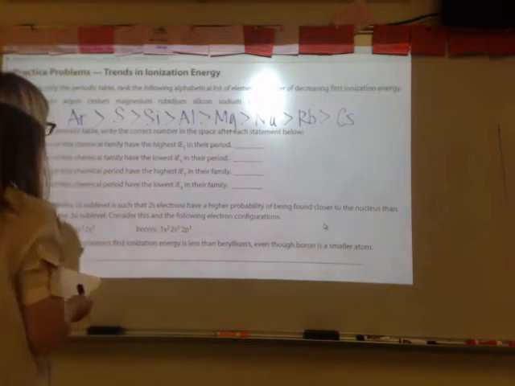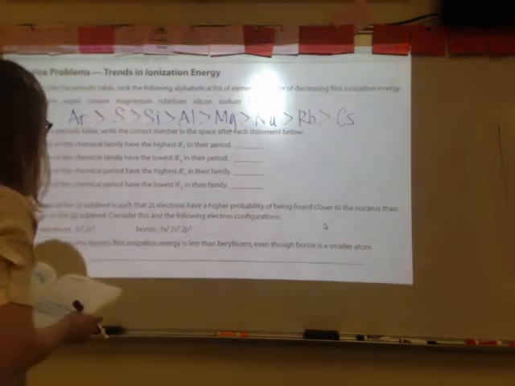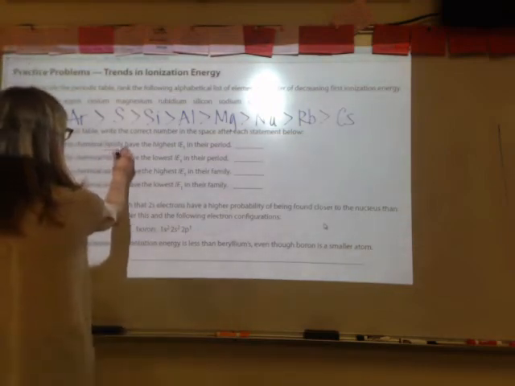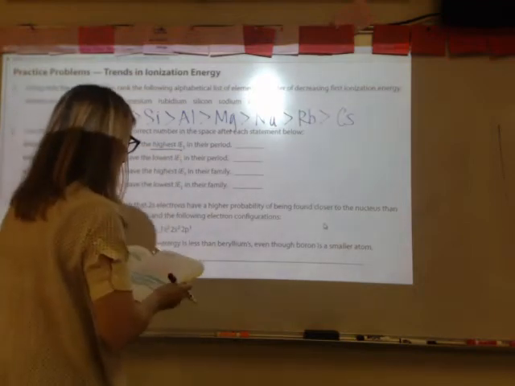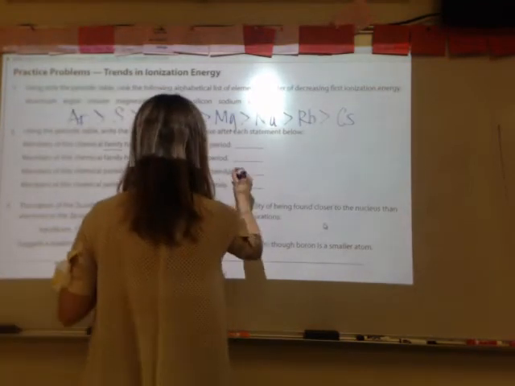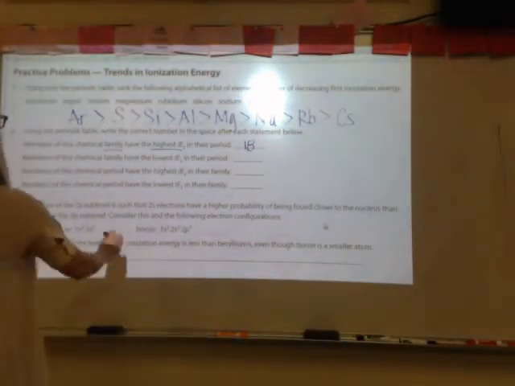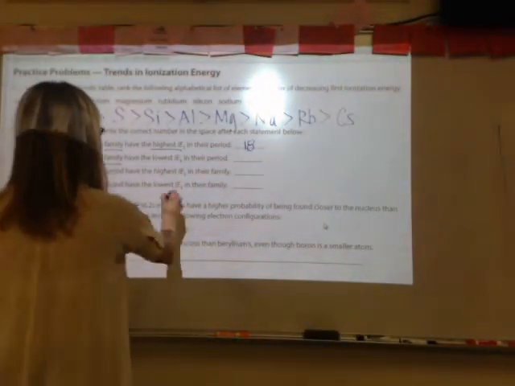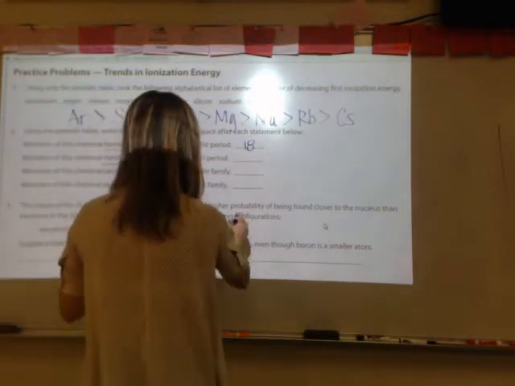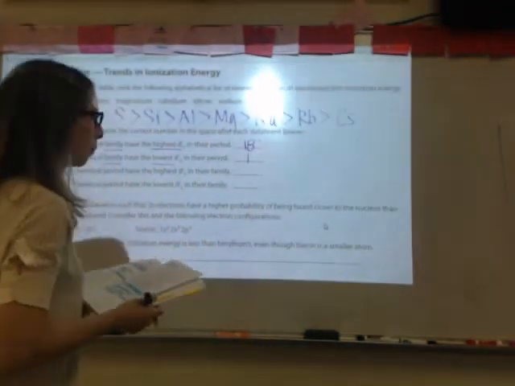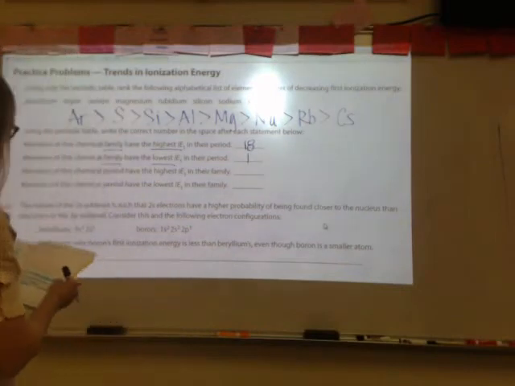If you take a look at number 2, members of this chemical family have the highest first ionization energy in their period. Well, those would be the smallest atoms, which would be those from group 18. Members of this chemical family have the lowest first ionization energy in their period. That would be group 1, because those are the largest atoms in the period.